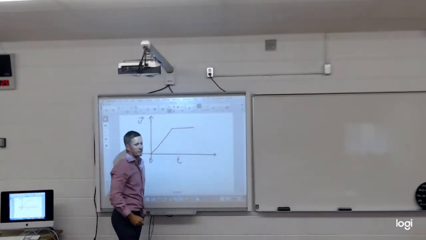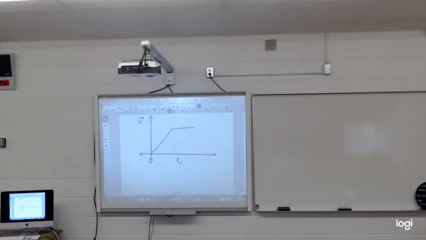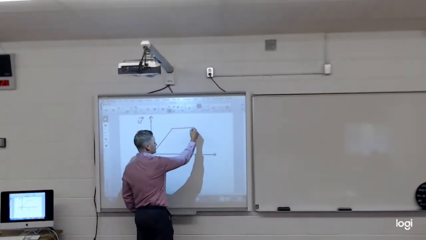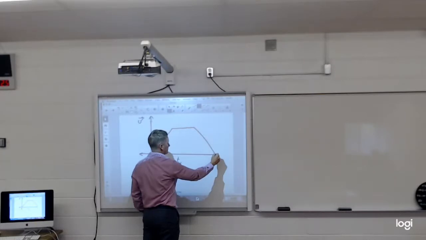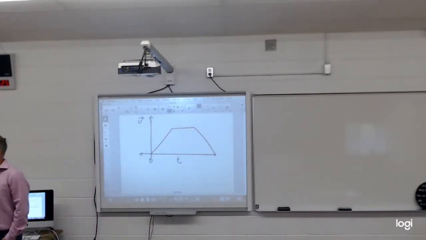Let's assume for all intents and purposes I'm allowed to go 100 kilometers an hour without taking my foot off, accelerating or decelerating. So I'm just going to go at a constant speed of 100 kilometers an hour, and then I'm going to slow down until I hit the lights.